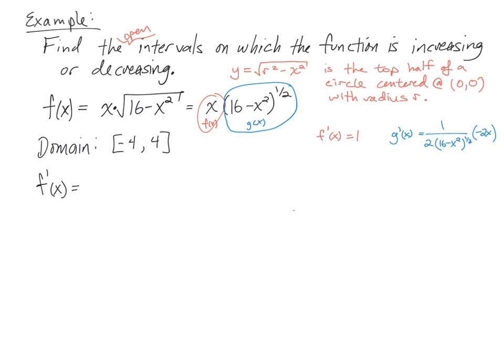We can simplify this by dividing these 2's, and then we can also push this x and the negative into the top of this fraction. So it'll end up being negative x over this entire denominator. So the derivative will look like this. There's your derivative. That is all the calculus that is done in this entire exercise.